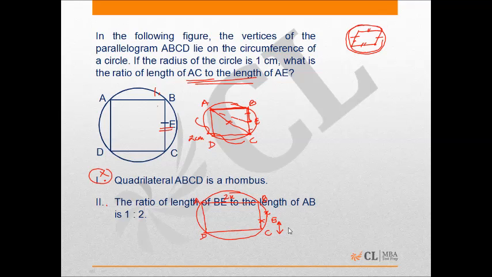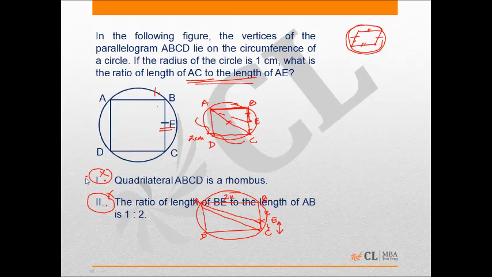No, not really. So since the length of EC is not known, though we will be able to calculate the length AE, we won't be able to calculate the length AC because we do not know the length of EC. So using the second statement also alone, we cannot answer it.